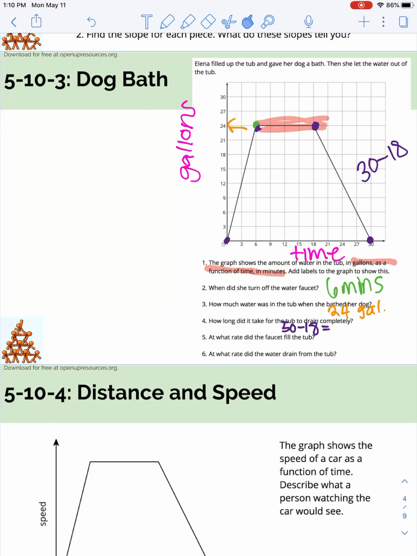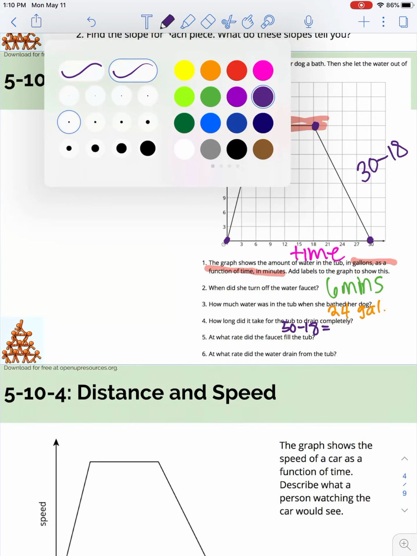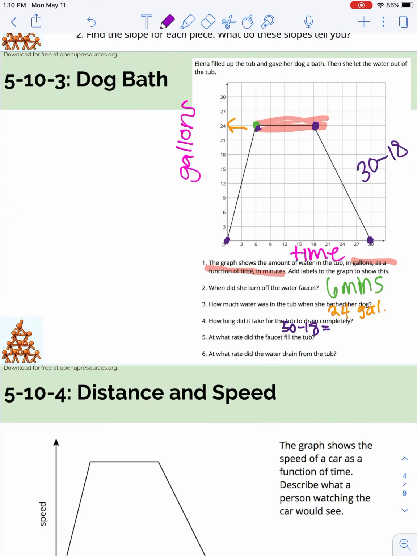It looks like it was 24 gallons in 6 minutes. So if you wrote that as a fraction, or as a rise over run, it would look like this, right? 24 over 6, and that just equals 4. So 4 gallons per minute.